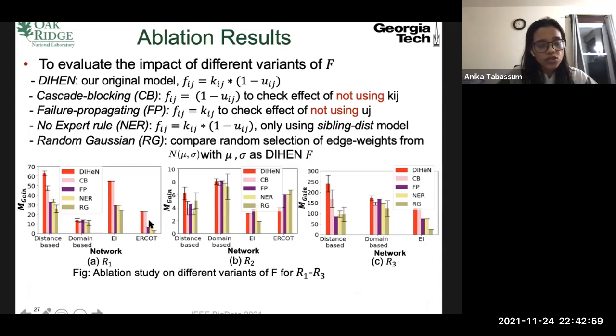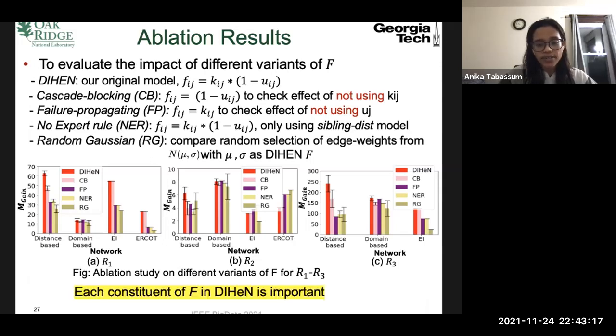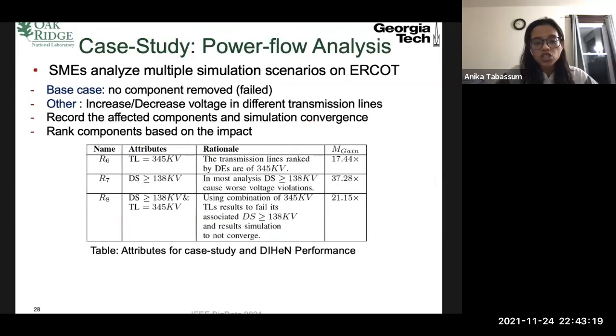And similarly, each figure is for a different expert-provided criteria. And red is our original model, Diane. So we consistently outperform all other variants of F, which shows that all variants of F for edge weights are important.